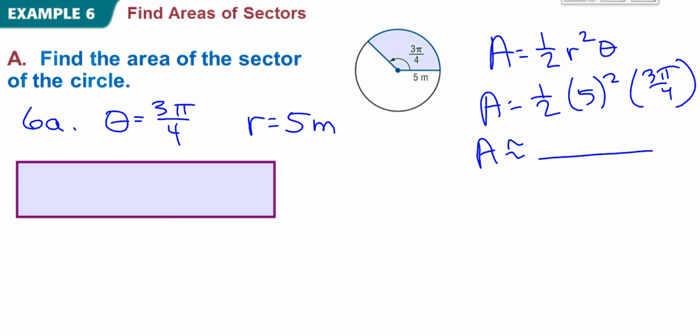Maybe just take a moment and get that one on your calculator so that you can see what that looks like. This one did not say what to round to.